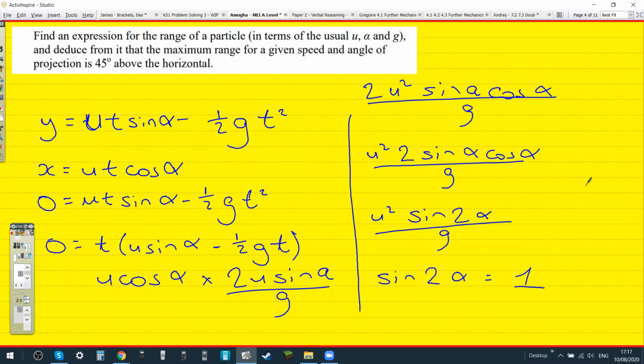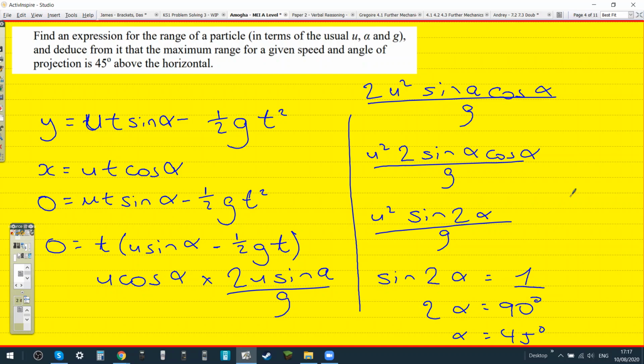No, it's not given to us, I don't think. Let me see. 2 alpha, I believe, is 90, and so alpha is 45.